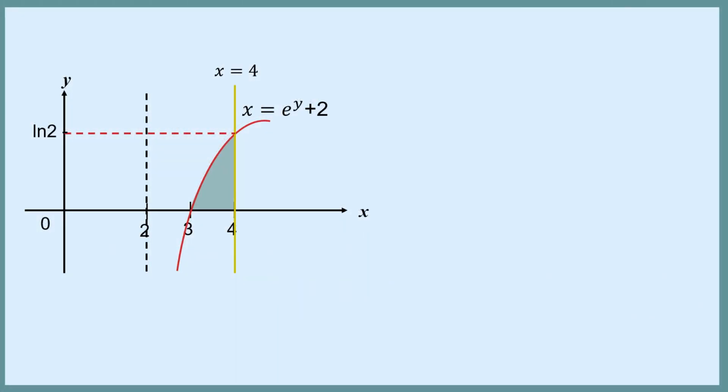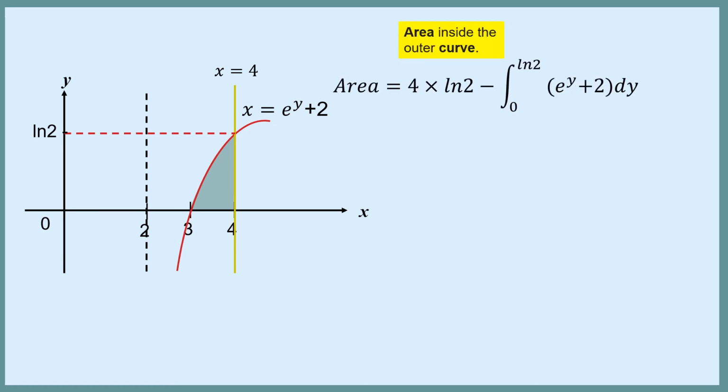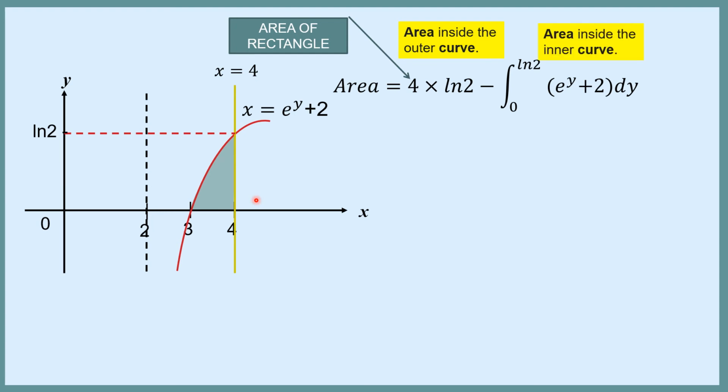We can also find the area of the shaded region by finding the area inside the outer curve using area of rectangle, 4 times ln 2, minus the area inside the inner curve, which is x equal e to the power of y plus 2.